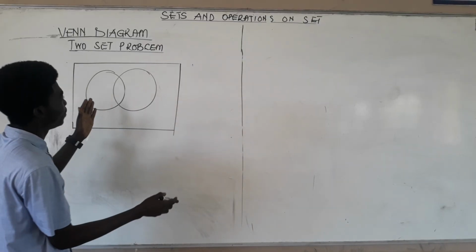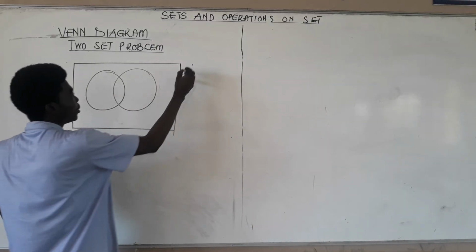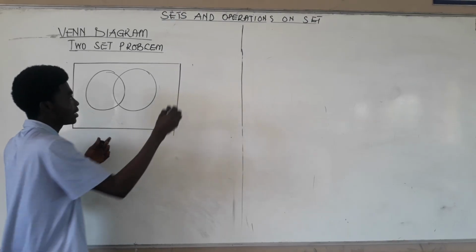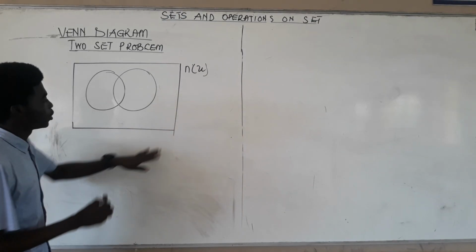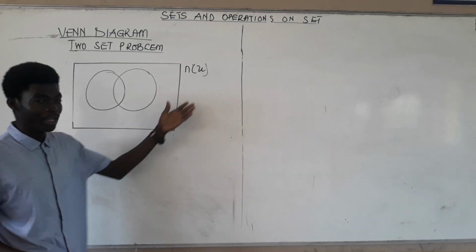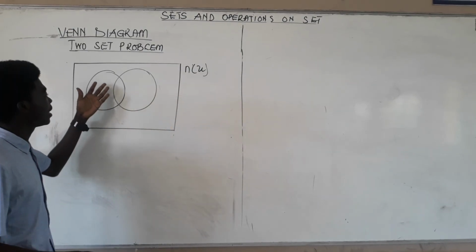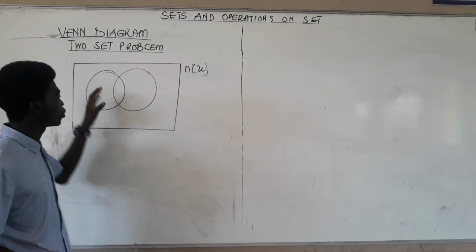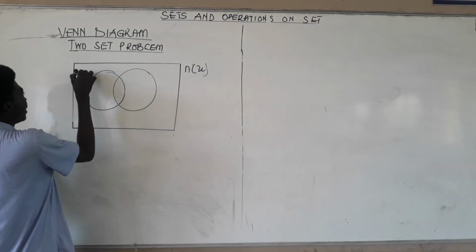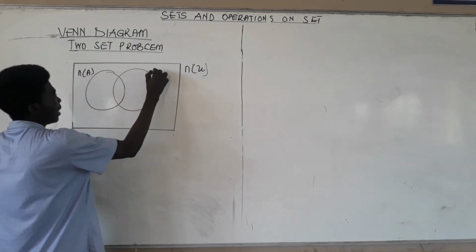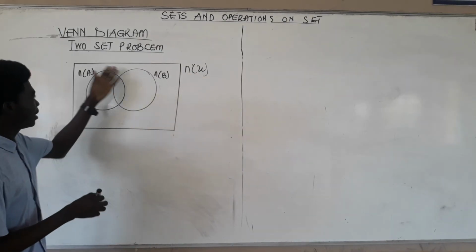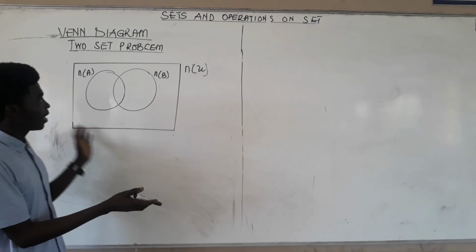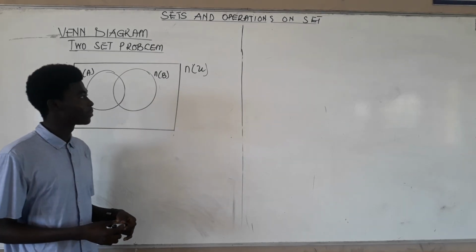The rectangle here, of course, is our universal set, n of U, and the circles are the sets given. Let's denote one circle by A, so n of A, and the other by B, so n of B. Now this is the Venn diagram of a two-set problem.